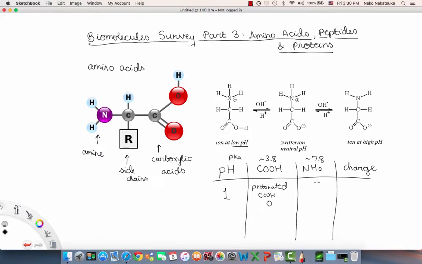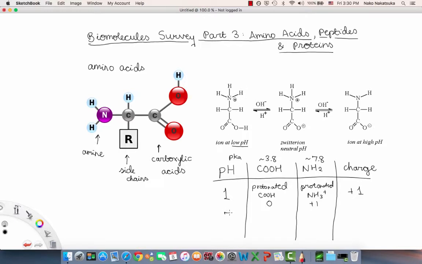For the NH2, on the other hand, the pKa is 7.8. Since this is higher than 1, it's protonated, and thus it's going to be NH3+. And thus we have a charge of +1. And if we look at the ion at low pH, the overall molecule has a charge of +1.